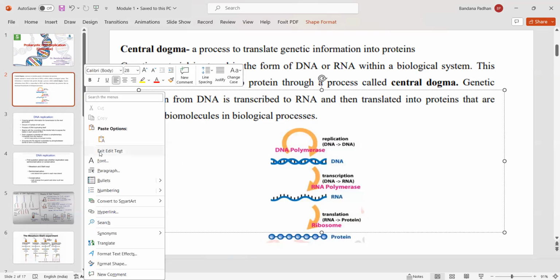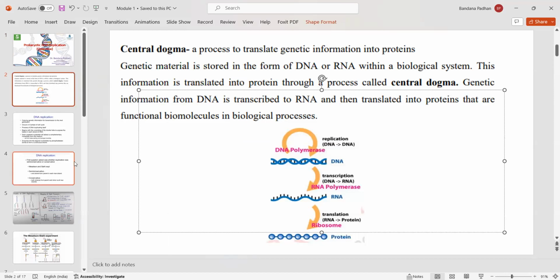In prokaryotes, DNA replication usually happens in the cytoplasm of the bacteria, because prokaryotes don't have a true nucleus, whereas eukaryotes have a true nucleus.